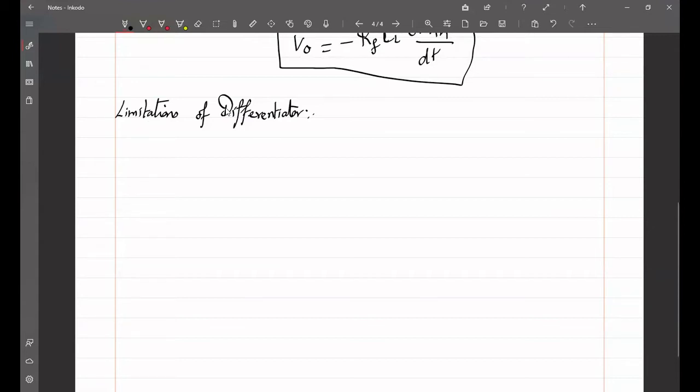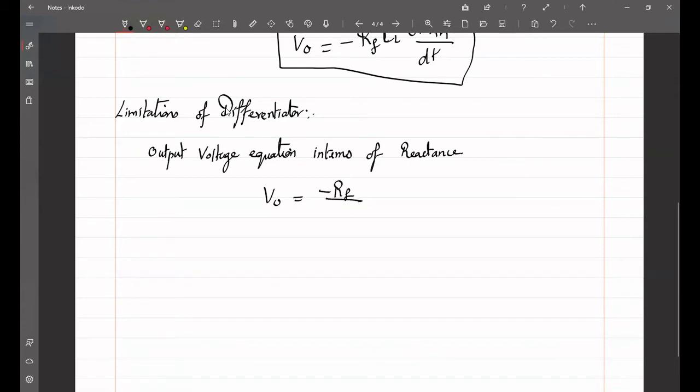Now we are going to write the output voltage equation in terms of reactance. The output voltage V naught is given as V naught is equal to minus Rf divided by Xc.